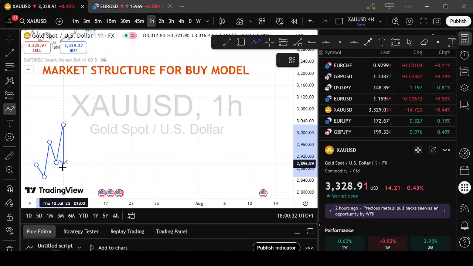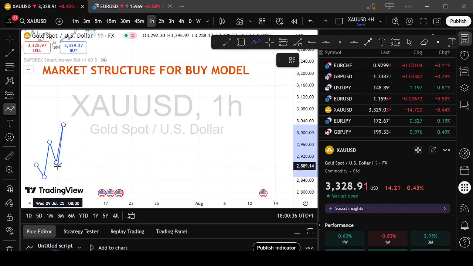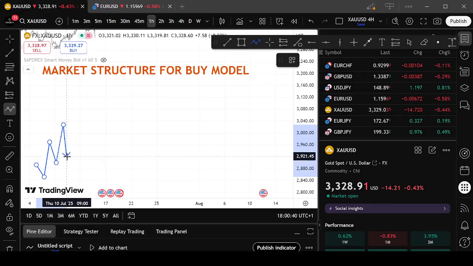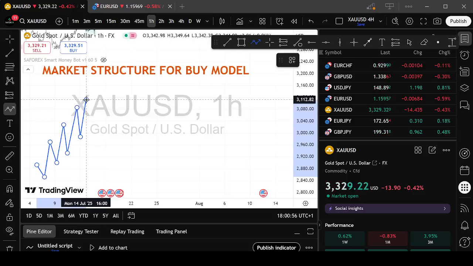It does not want to see it being neglected. Price will definitely respect it and break the next high that was created to show that it's actually moving in that direction. So this is the DNA of an uptrend.